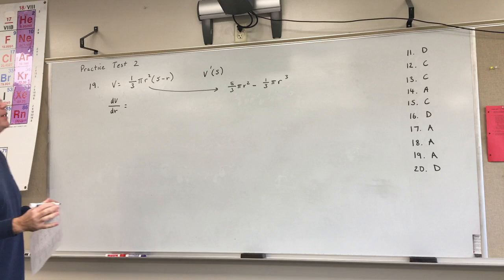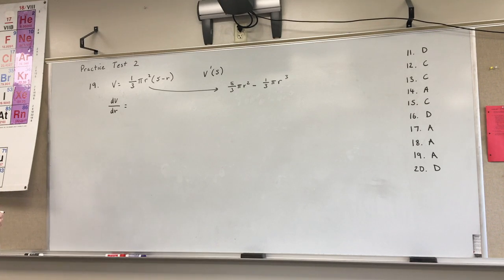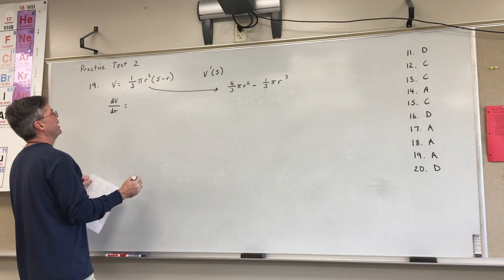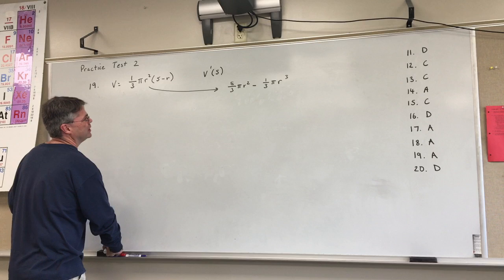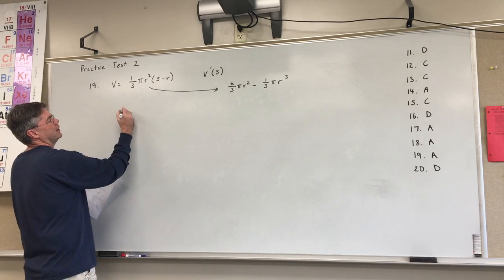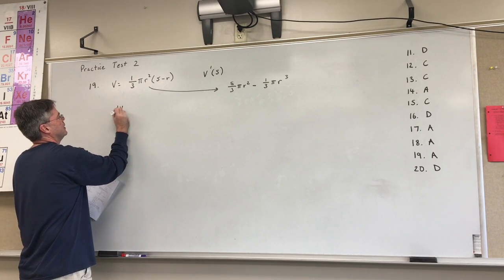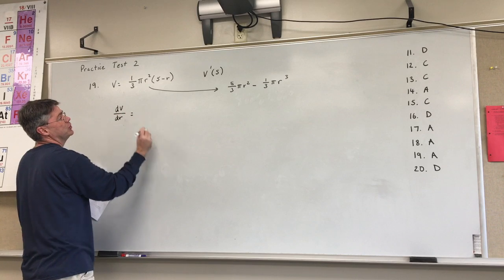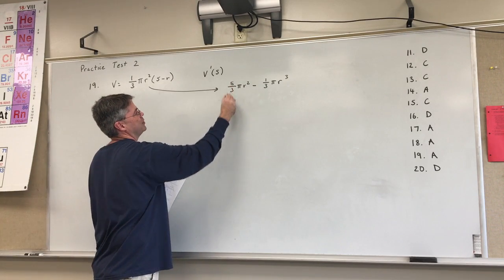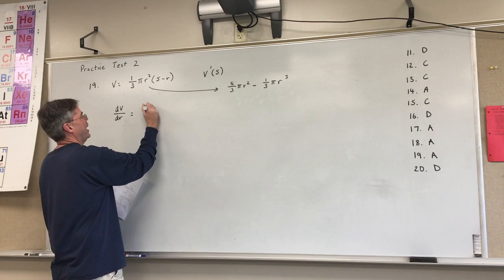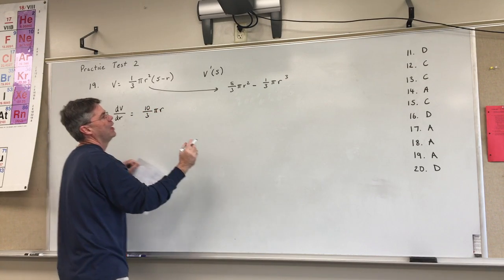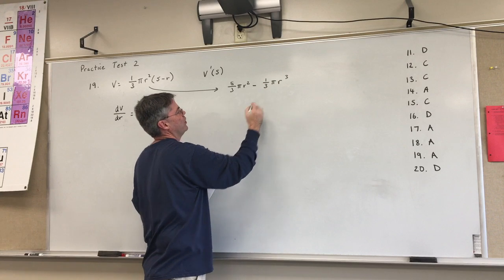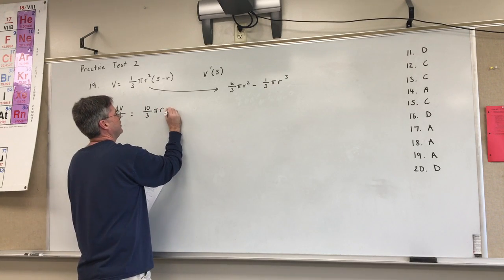I could go ahead and maybe factor out a pi, factor out an r, but I'm just going to leave it like that, and we'll take the derivative that way. dv dr is equal to 2 times 5, so 10/3 pi r, minus 3/3, so minus pi r squared.